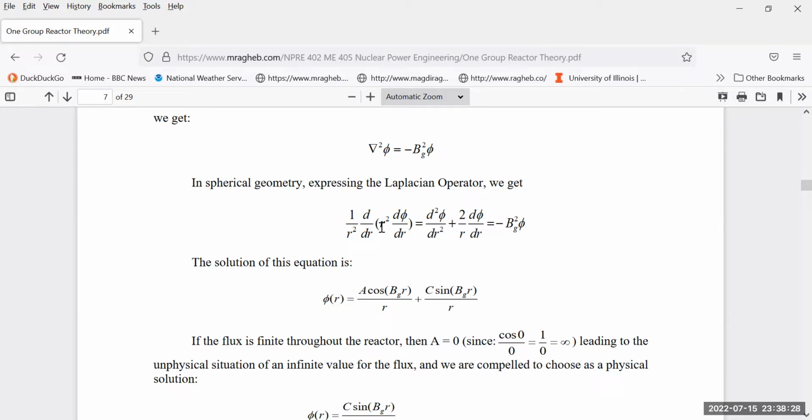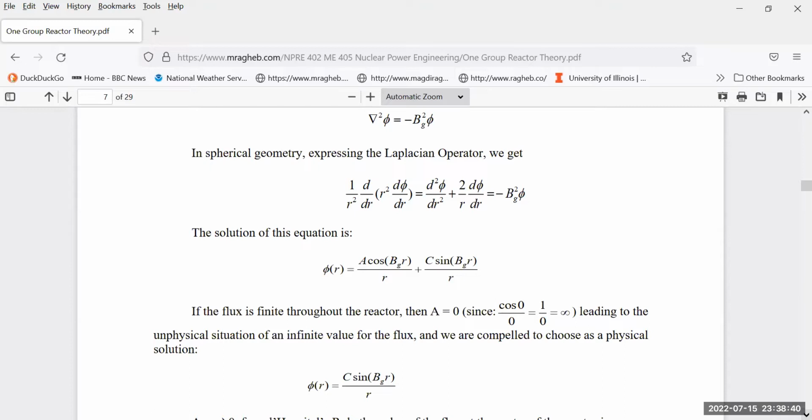The 1 over r is typical of spherical geometries, so we adopt the same approach. We are not going to go through the same process as we did in the derivation for the flux in spherical geometry in a non-multiplying medium. In a non-multiplying medium, remember, it was exponential growth and decay.